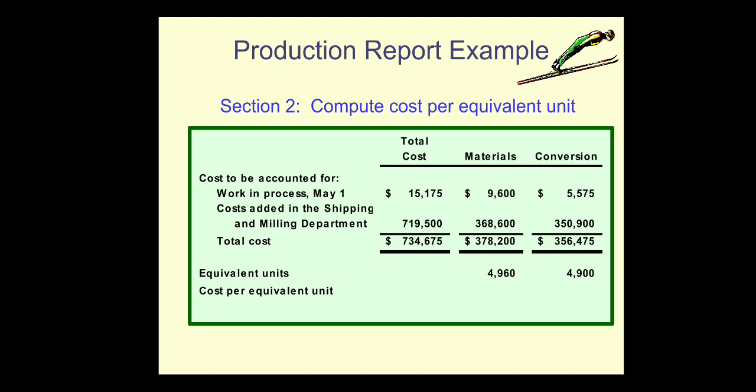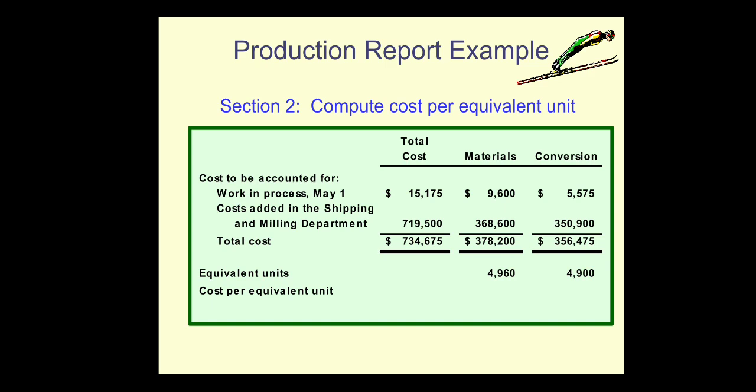And during the month of May, there are additional costs spent by the business. The additional cost spent by the business during the month of May is material $368,600, conversion $350,900.